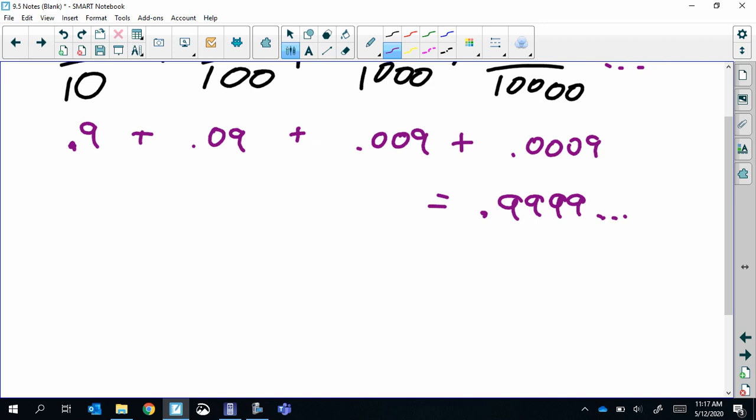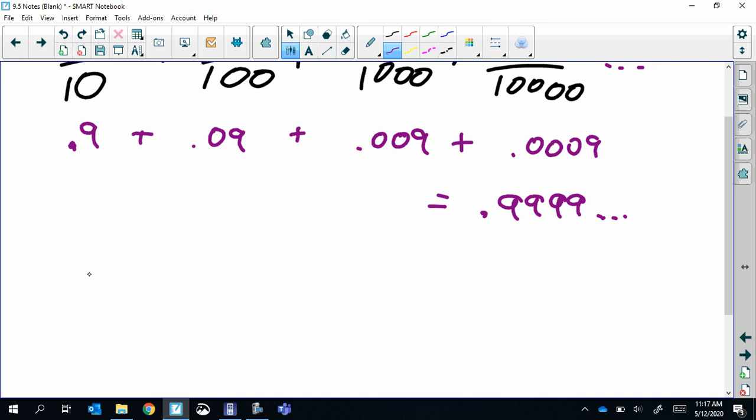So 0.9 repeating forever is what that sequence equals, which as a fraction, it's kind of hard to write. So let's just say 0.9 repeating forever. Now here's the interesting thing about it.